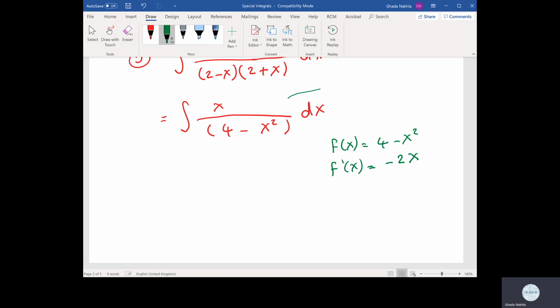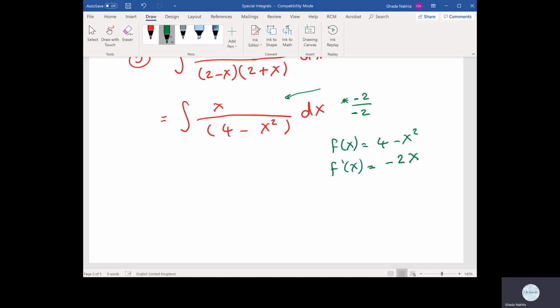Is the top the derivative of the bottom? And currently it's not. So what do I do? I make the top equal to minus 2x by multiplying by minus 2 over minus 2.